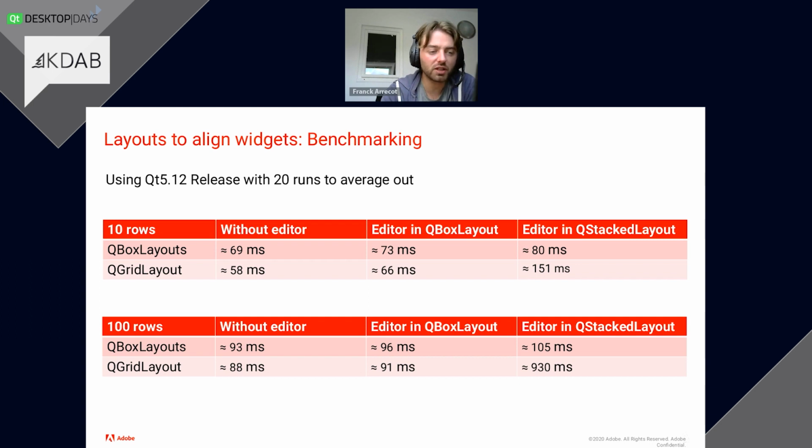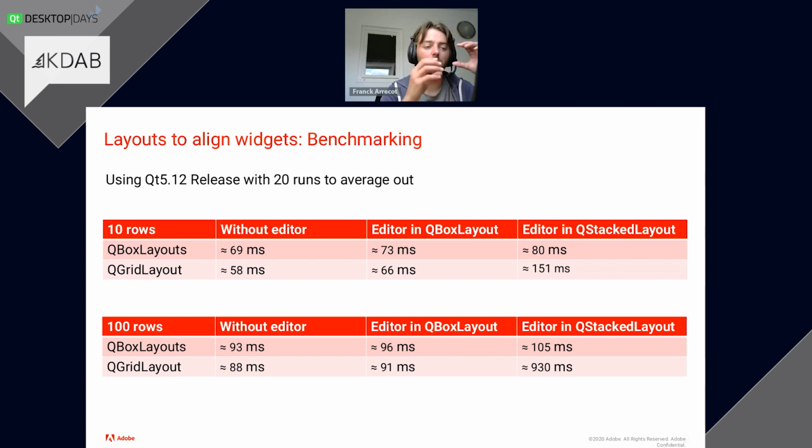Imagine that we have our main window and we have just 10 rows of properties to display. On the first line you have QBox layout used without an editor, so basically just the row display that we are doing. You can see that using QBox layout or QGrid layout doesn't matter much. It's super close. When we use the editor in a QBox layout, it's basically the same.